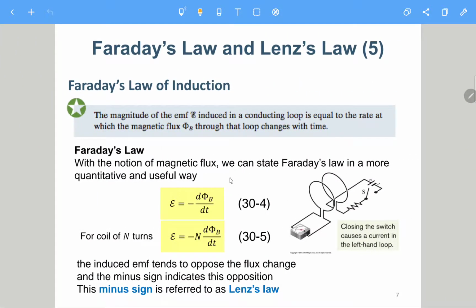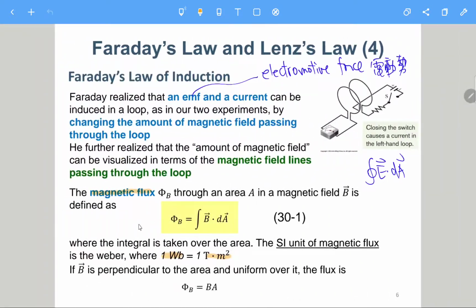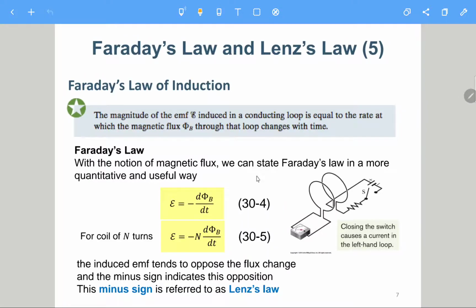The magnitude of the EMF induced in a conducting loop is equal to the rate at which the magnetic flux phi B through that loop changes with time. And this is called Faraday's law. With the notion of magnetic flux defined like this, you can calculate it yourself, and we can state Faraday's law in a more quantitative and useful way.